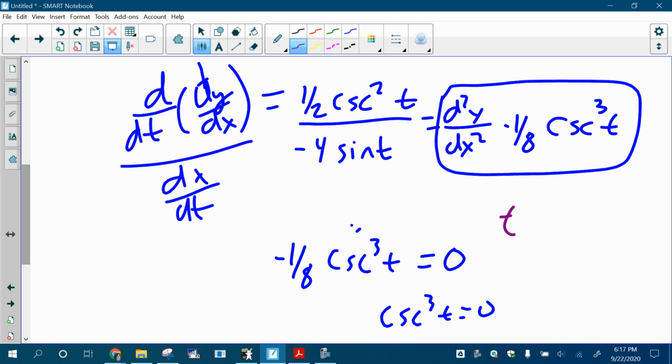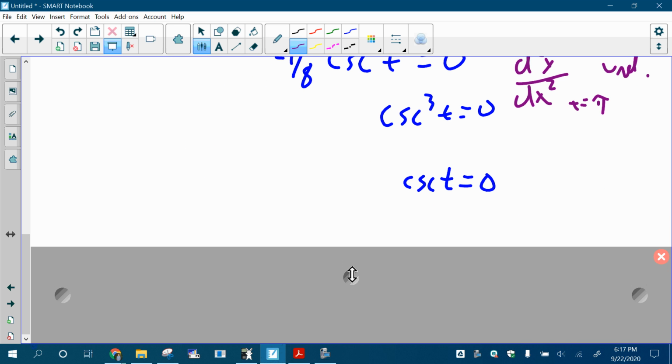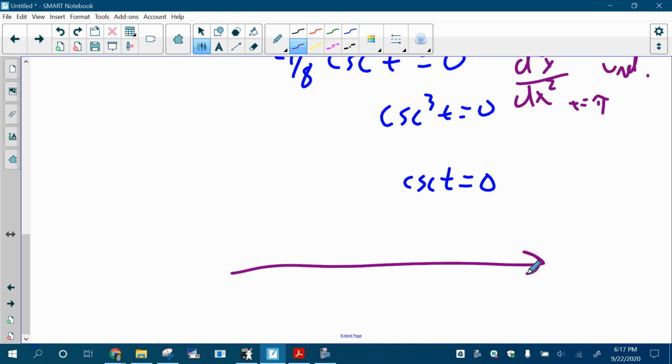So at t equals pi, the second derivative is undefined. So when I go to make a little concavity chart, the second derivative is never 0 between 0 and 2 pi. Silly Mr. Covey. But at pi it's undefined, so it's possible the concavity changes there.